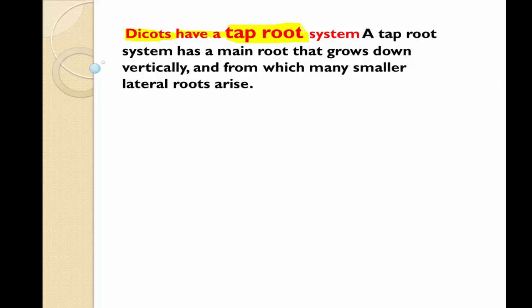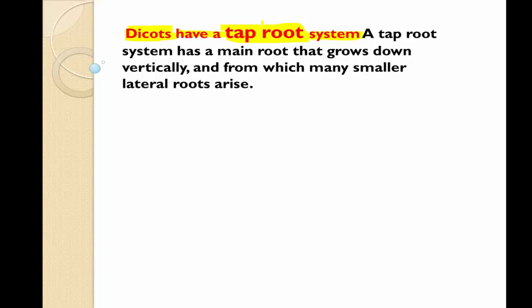If a seed contains 2 cotyledons, then they are called dicots. Groundnut is a dicot, black gram is a dicot, Bengal gram is a dicot, horse gram is a dicot. Where the seed consists of 2 equal parts, all those angiosperms are called dicots, and dicots are characterized by the type of the root system called taproot system.